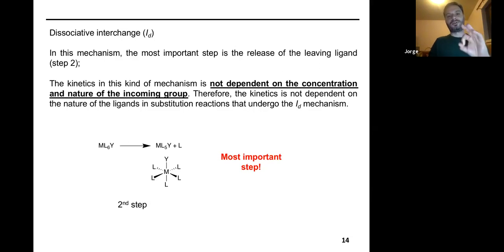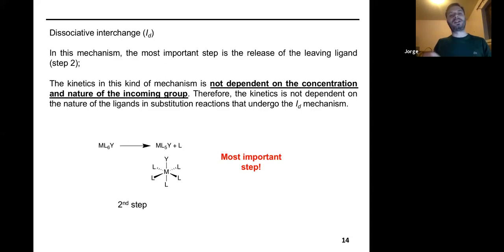So we saw 3 different mechanisms: dissociative, where there is dissociation of the complex to form a 5-coordinate intermediate; associative mechanism, where there is association of the incoming ligand forming a 7-coordinate compound. In both cases, we have a long-lived intermediate state.